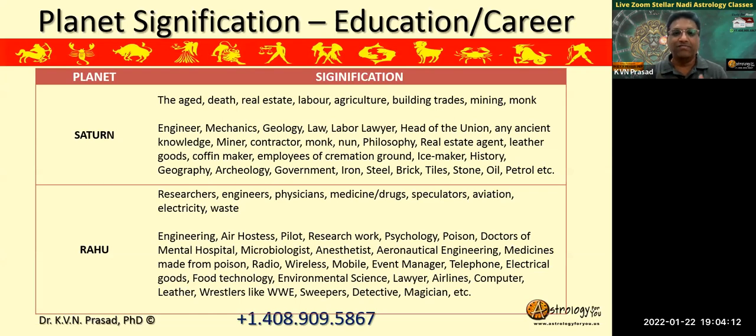And again, Rahu alone does not have anything. You have to see which planets are aspecting, how it gets the strength. If Saturn is aspecting Rahu, then they will be interested in real estate also. Like that you have to take the combinations.